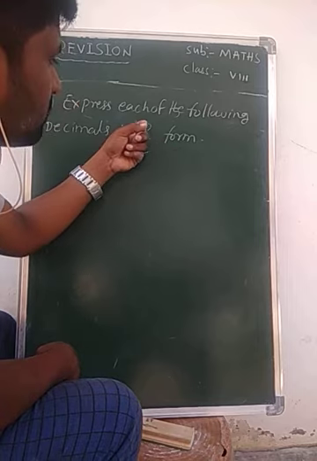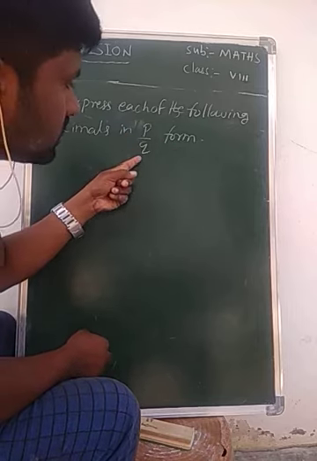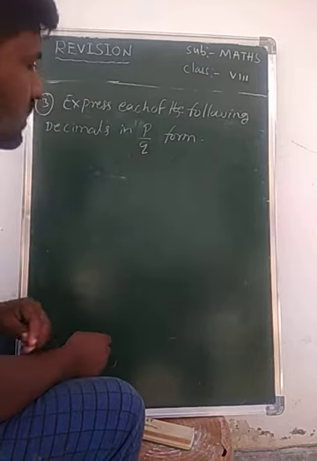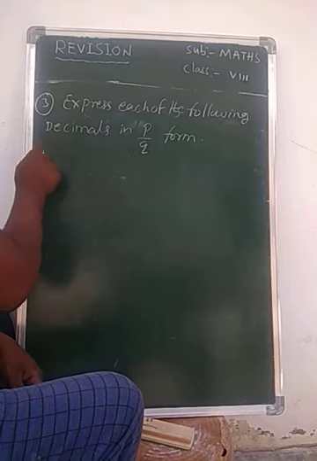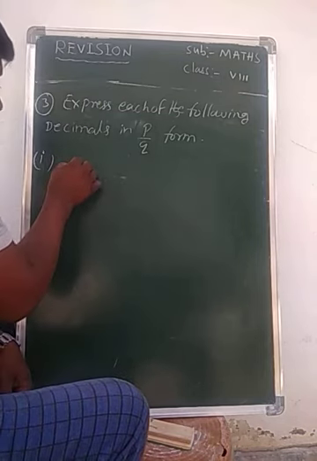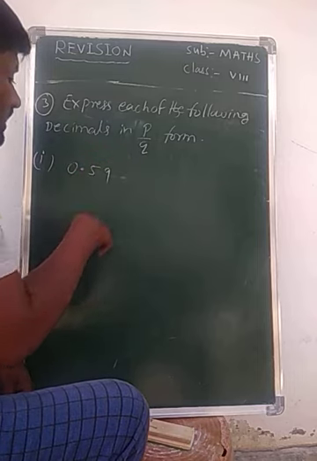The p by q form means what? That is rational form. Yes or no? P and q are integers, and clearly q is not equal to 0. So the question is, the first one I am taking is 0.59.